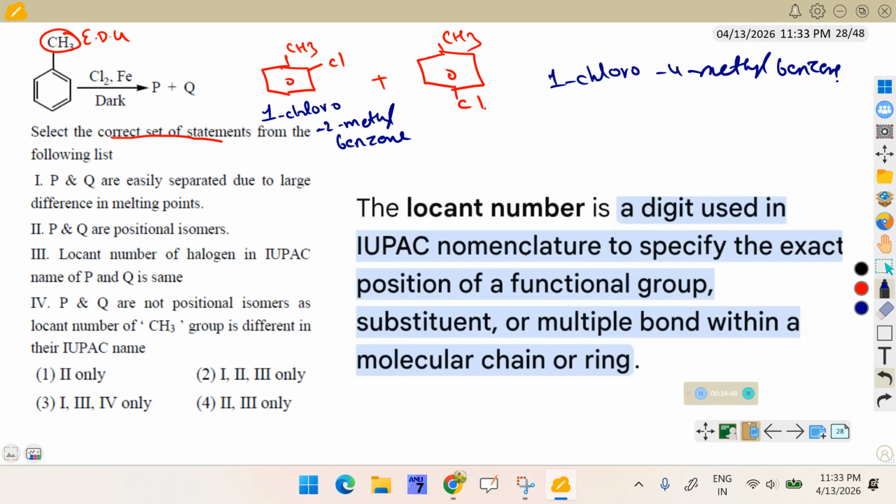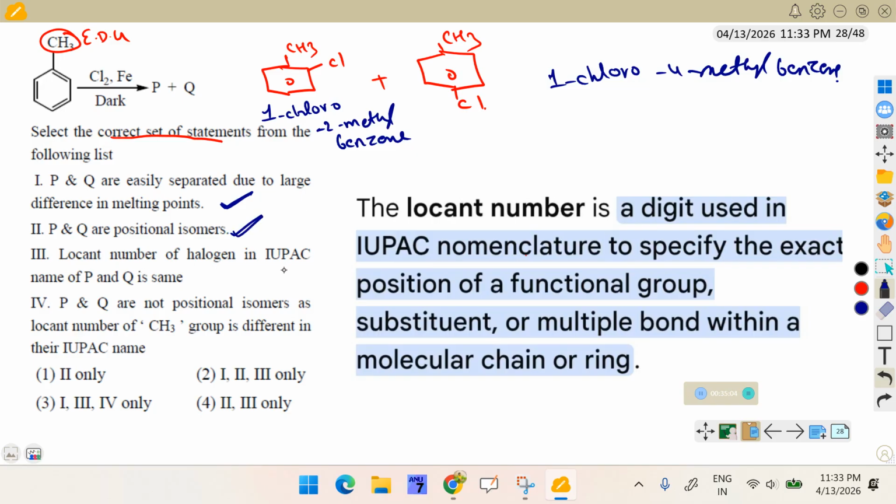P and Q are easily separated due to large difference in their melting points. Correct. Check the NCERT line once. P and Q are position isomers. Correct.